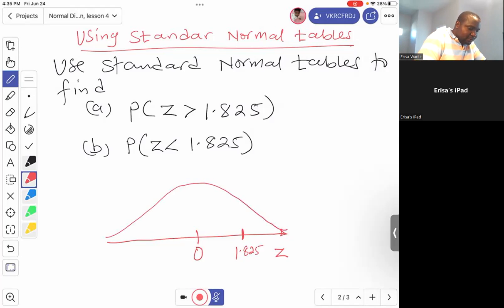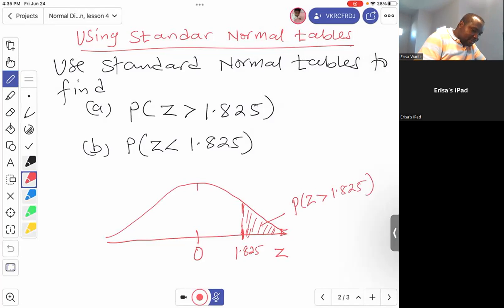We are looking for Z values that are more than 1.825. We look for values starting from 1.825 going to the right. So this is the probability that Z is more than 1.825. That's the shaded area.